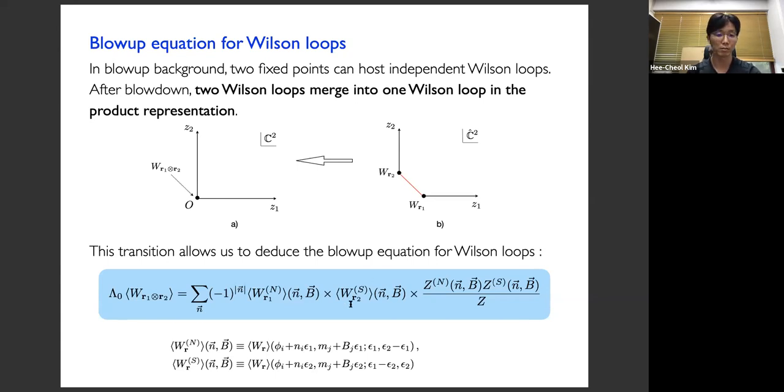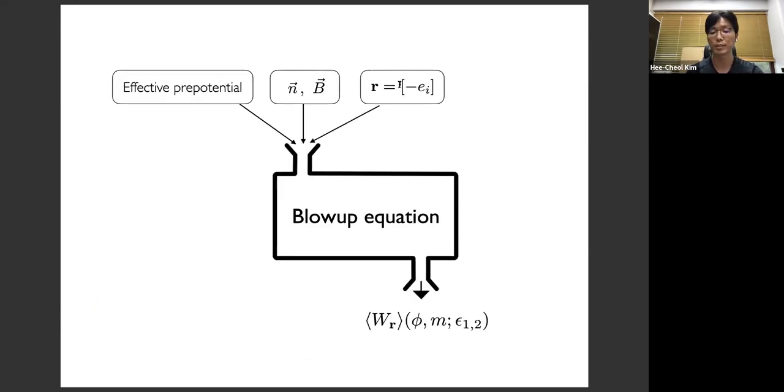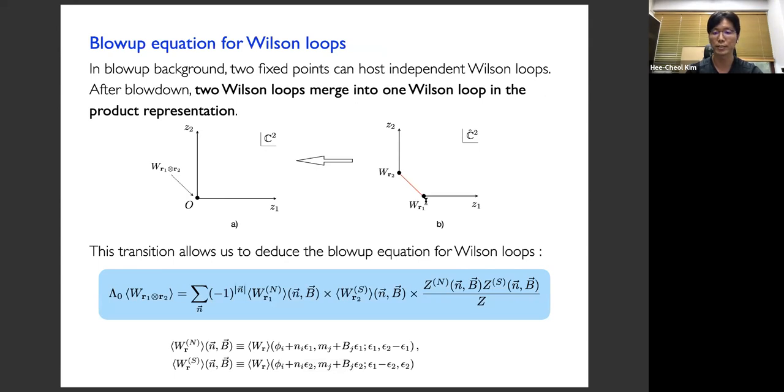Then we will get a relation which connects the same Wilson loop living in the C2 background and also the same Wilson loop in the blowup background. Therefore, using these two inputs together with the representation, we can compute the Wilson loop expectation value by putting them into the blowup equation. So this is the summary of the blowup equation for the Wilson loop operators. By the way, if you put all trivial Wilson loops here and here, then this blowup equation reduces to the ordinary blowup equation without loop operators.